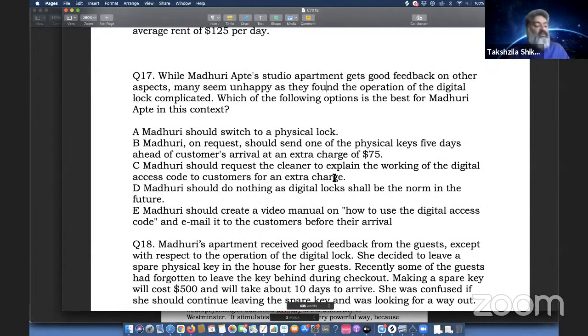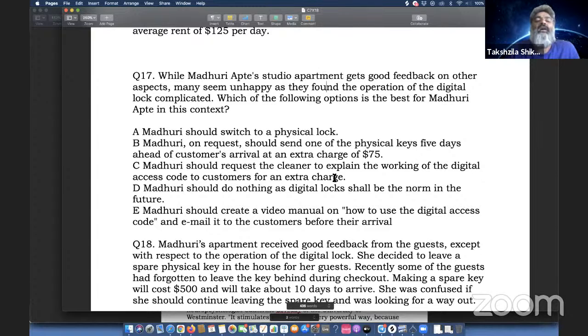If anybody is there, I am waiting for any answers for this question. Question number 17. Which of the following is the best for Madhuri Apte?